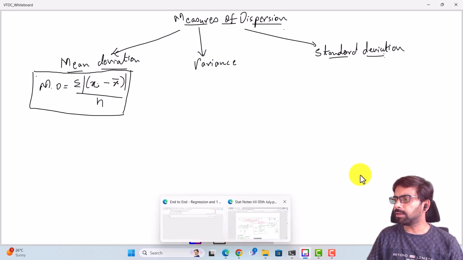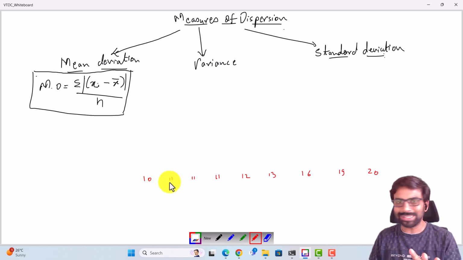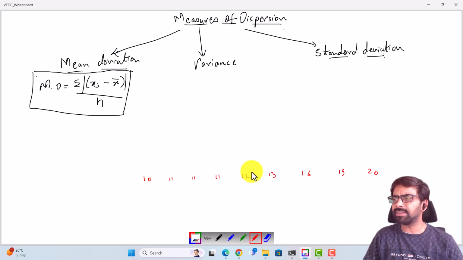Let me look at another way of going for it. Let me take a few quantities over here, like 10, 11, 11, 11, 12, 13, 16, 19, 20. Let me try and add them up. I have taken completely random quantities, guys. I'll just have to make their average integral so that our calculation becomes slightly easy.